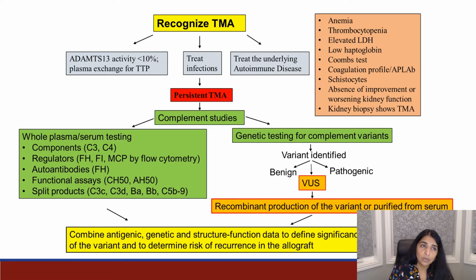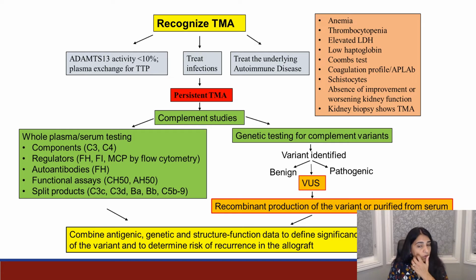Again, there are about 3 or 4 labs that do this testing. They run a panel of 13 common complement genes that are most commonly associated with atypical HUS. When the report is provided to you by these labs, if you have a pathogenic mutation in any of the complement proteins, it clinches the diagnosis of atypical HUS.